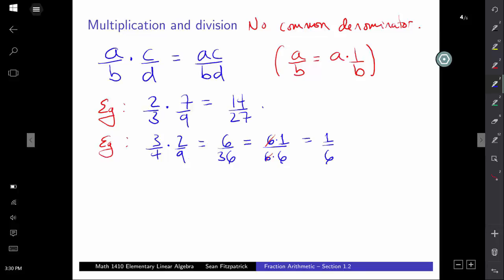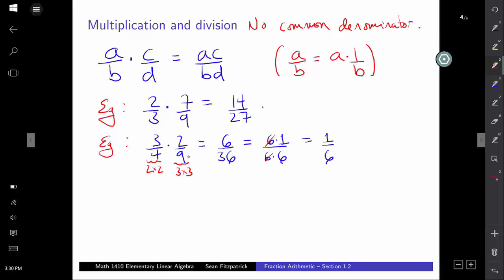Now, when that happens, that tells you that you could have done some simplifying ahead of time. When you're multiplying, one of the things you could do is say right away, this 4 is 2 times 2. This 9 is 3 times 3, and you're multiplying the tops and the bottoms together, so you can scramble these around.